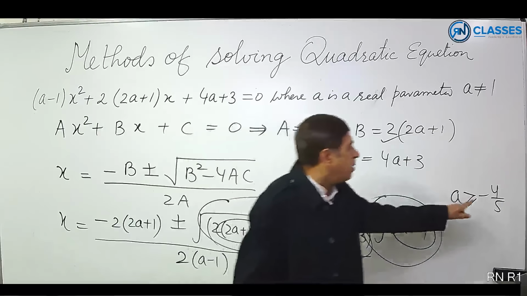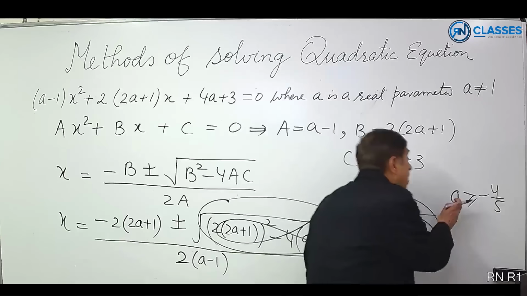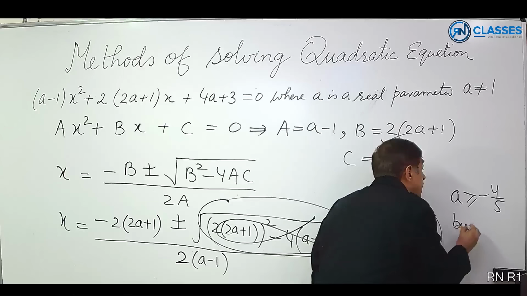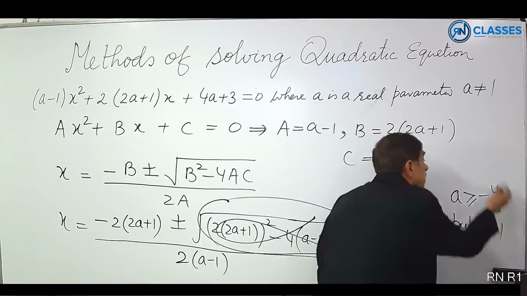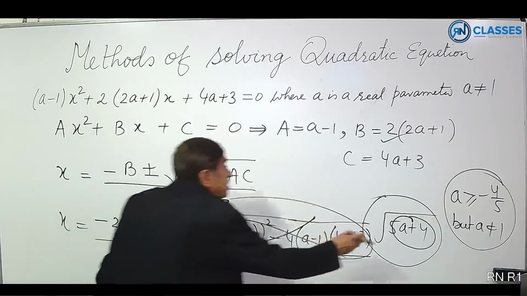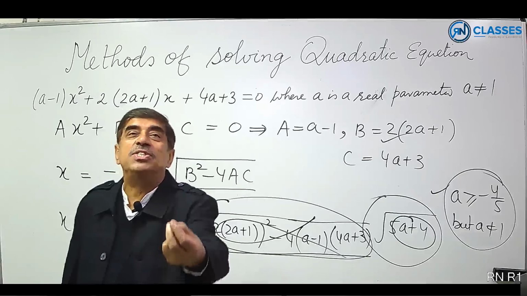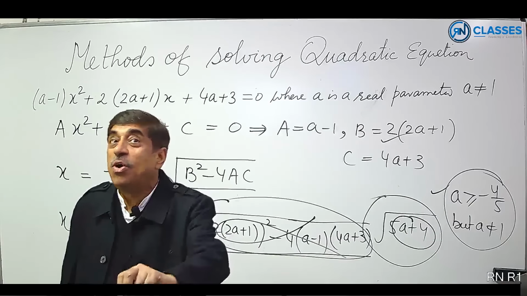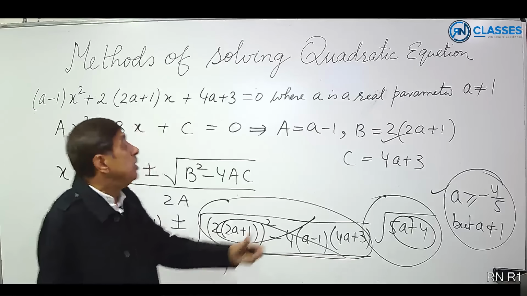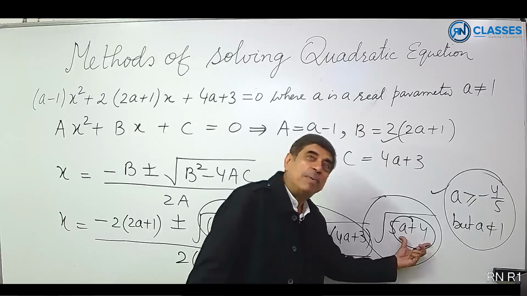Do I have to take all values of a greater than or equal to this? No. A should not be equal to 1. Every real number greater than or equal to minus 4 by 5, but a is not equal to 1. You must write this with your answer. If this is not there, your answer is not complete. Because this quantity may be positive, may be negative, may be 0.